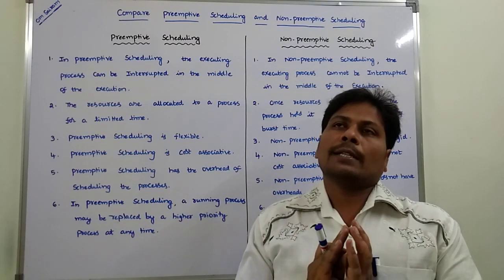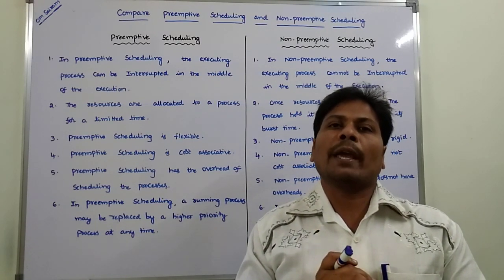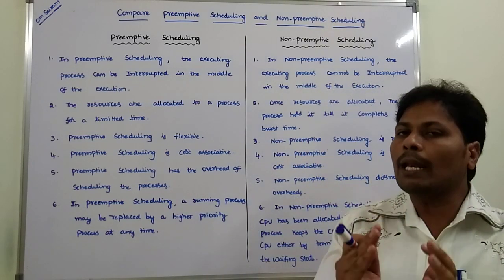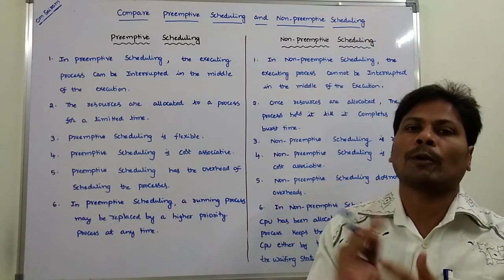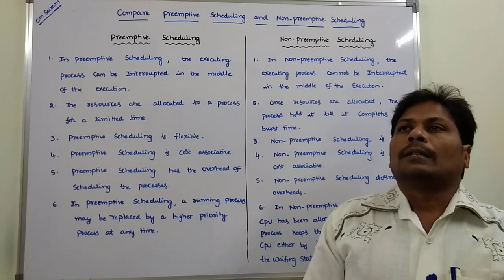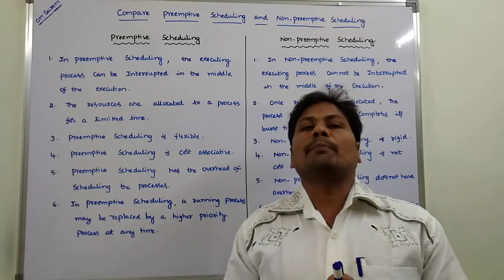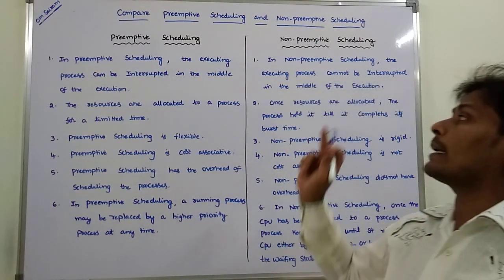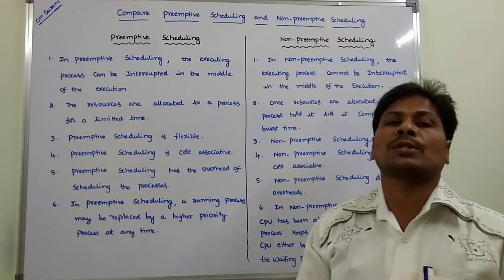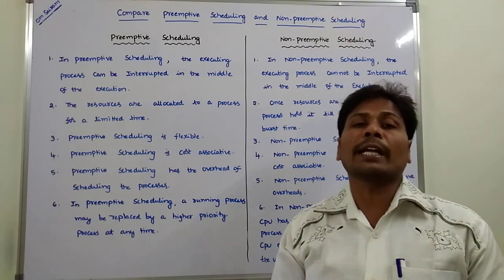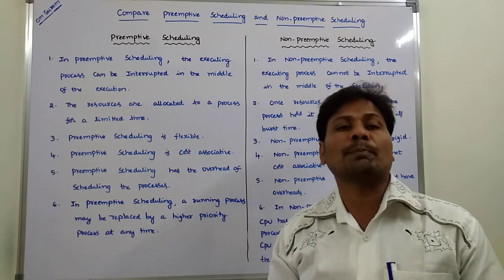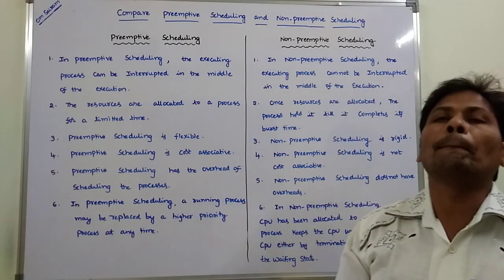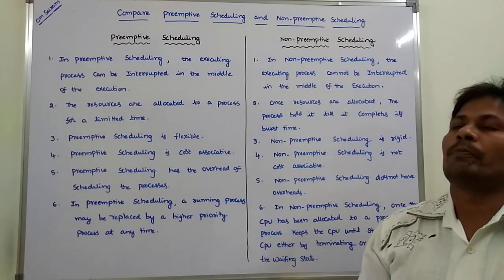Suppose a CPU is allocated to a particular process, then in the middle of the execution, that process can be interrupted. But in non-preemptive scheduling, the executing process cannot be interrupted in the middle of the execution until it completes its execution.